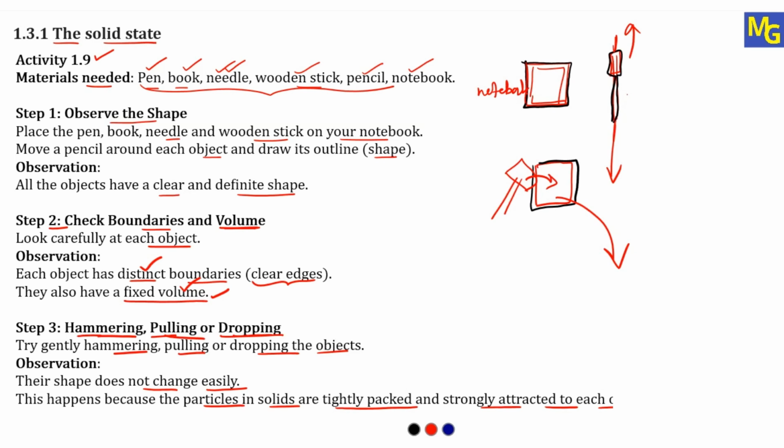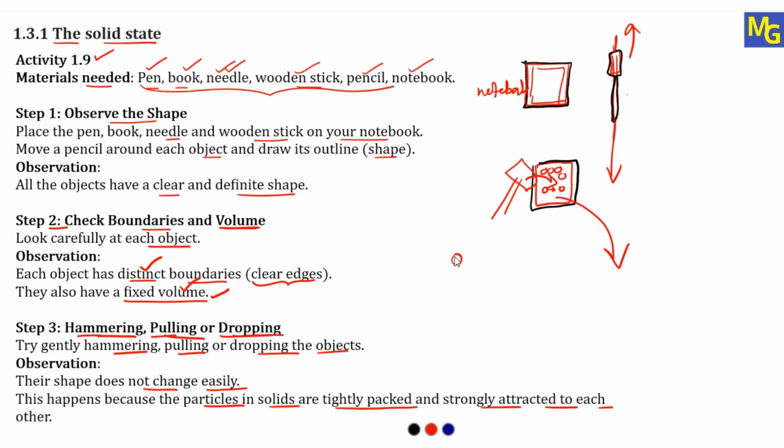So here, why are these objects not breaking when we hammer them? Because the particles present in all these materials are very tightly packed with each other, and each and every particle has a strong attraction.